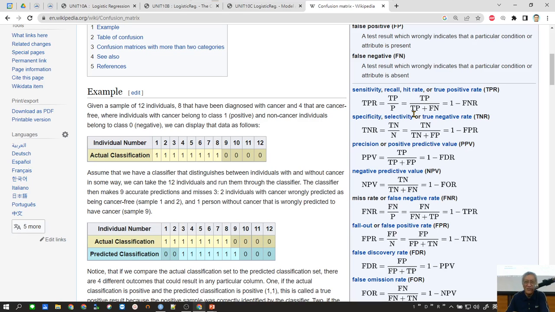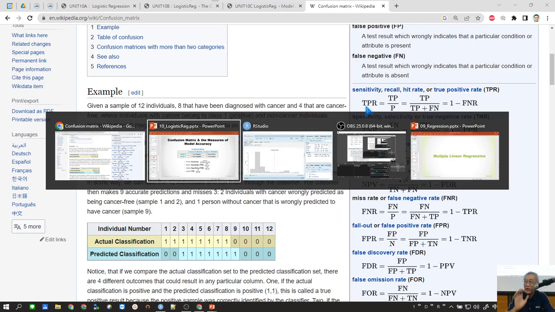What makes it worse is that some accuracy measurements have many different names. For example, the true positive rate is sometimes called hit rate, sometimes recall, sometimes sensitivity. So they are very, very confusing. Don't try to remember them. When you see these terms, just look into Wikipedia. That is the only way to do it. Otherwise, it would make you very confused.